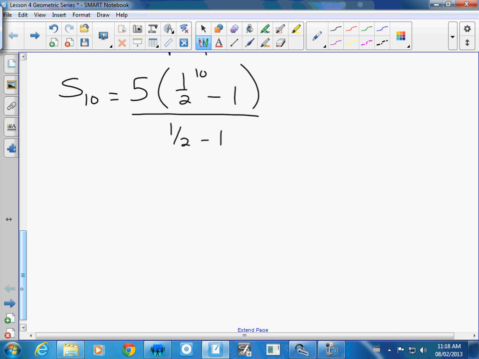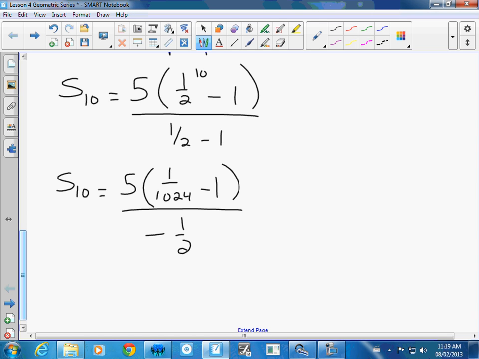Okay. So, writing it down, let's do the work. S10 equals 5 times 1 over 1024 minus 1 over top of negative 1/2. Okay. Now, it's a fraction on the bottom.